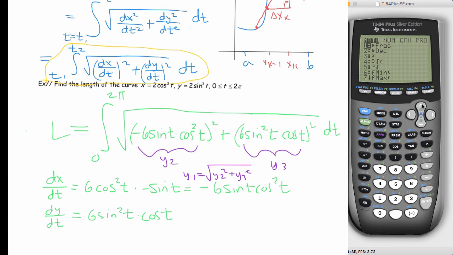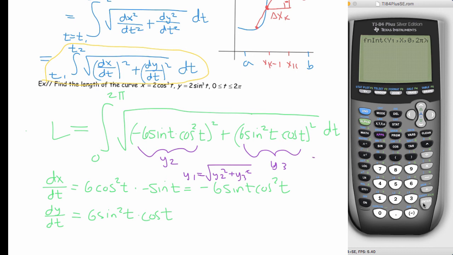In y2 I put negative 6 sine of x times cosine squared of x, and for y3 I put 6 sine squared of x times cosine of x. Then I'm going to go to the quit screen, hit math, go down to fnInt, and integrate the function in y1 with respect to x on the interval 0 to 2 pi, and I end up getting 12.